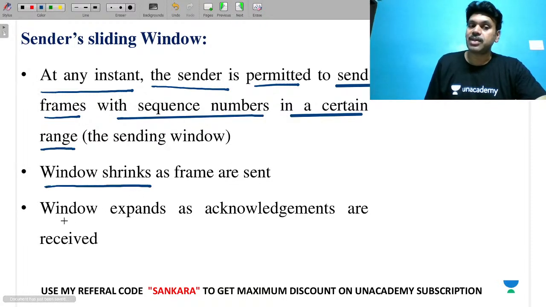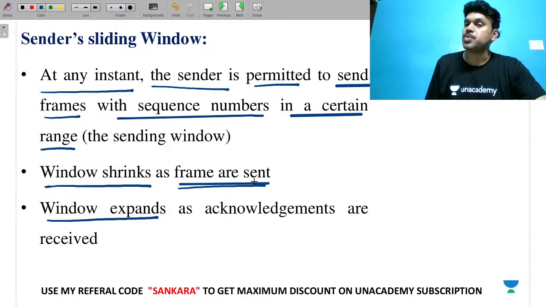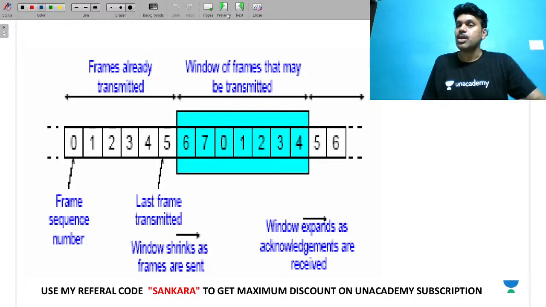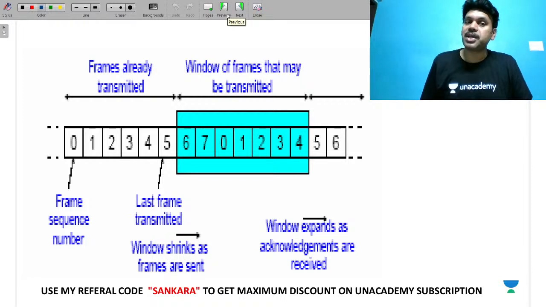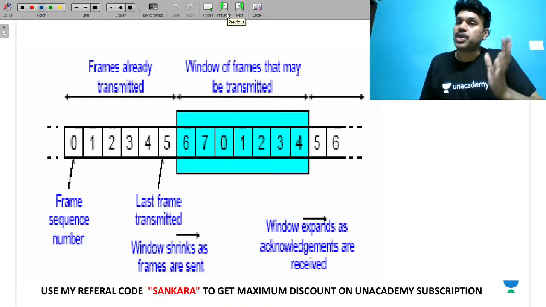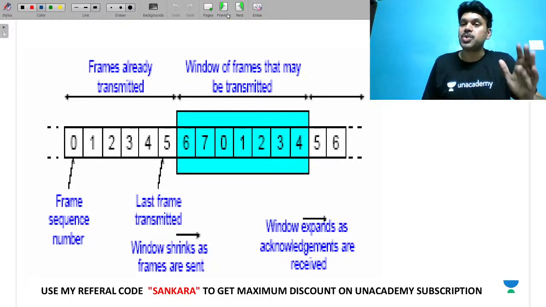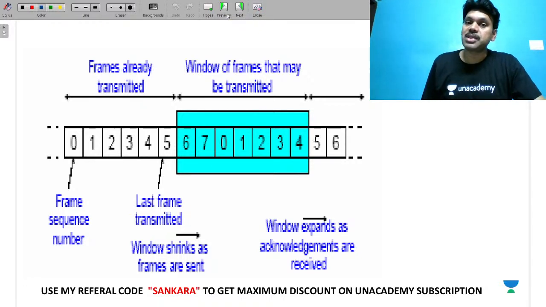The window shrinks as well as expands. The window shrinks whenever you transmit a frame. The window expands whenever you receive an acknowledgement. So this is the behavior of your sender window. Whenever you are sending frames, your window is filled with frame sequence numbers. Whenever you get the acknowledgement, one block becomes free in your sender window.